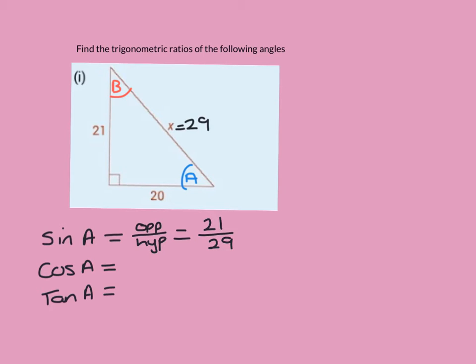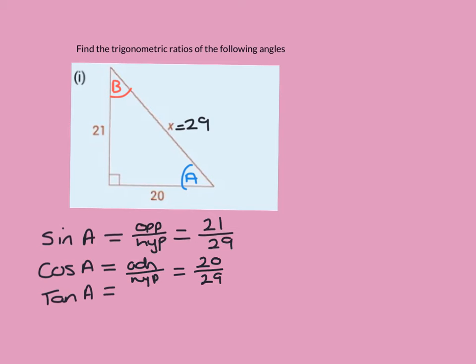The second one, cos, so that's adjacent over hypotenuse. And when we look at this, adjacent is this side here, so the side that runs alongside the angle, and that's going to be over the hypotenuse. So I have 20 over 29.